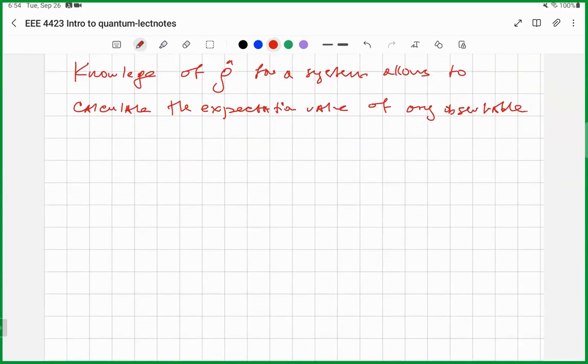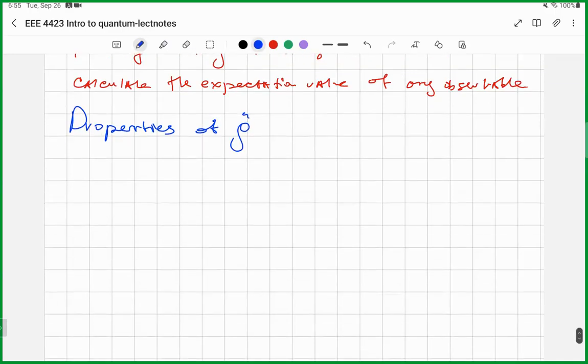Let us consider a few properties of the density operator. So first of all, the density operator is Hermitian. Why?